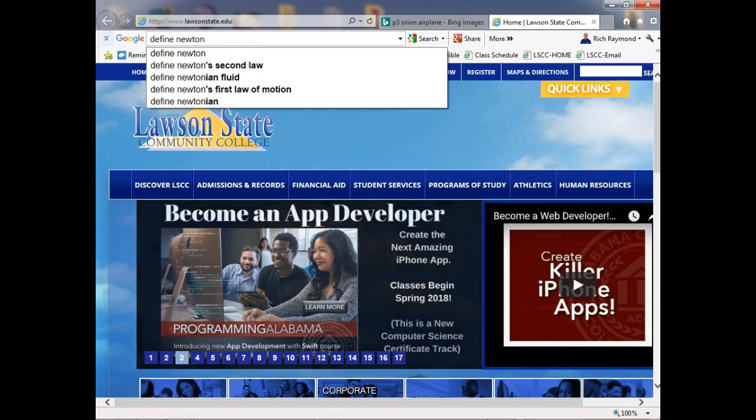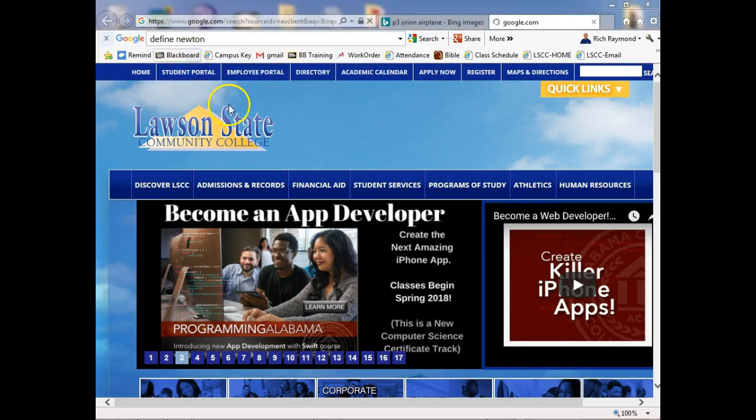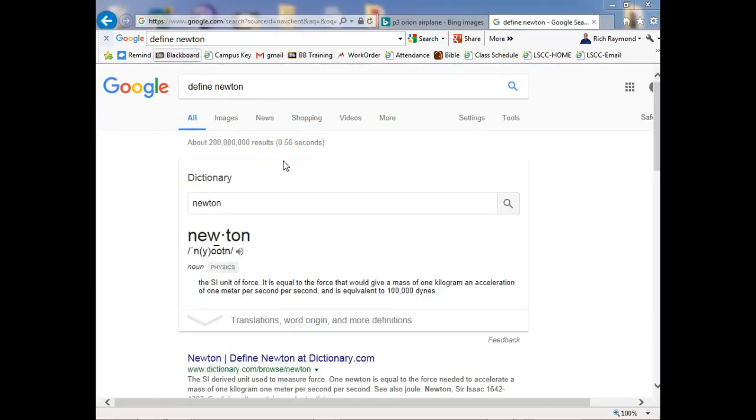The SI unit of force is equal to the force that would give a mass of 1 kilogram an acceleration of 1 meter per second squared.